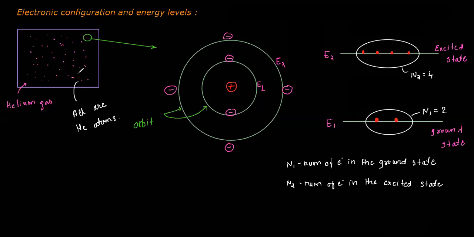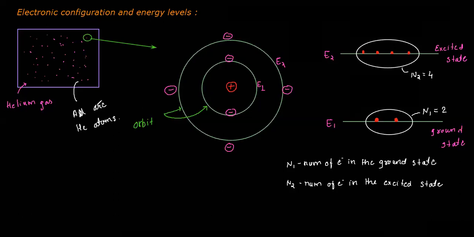As you can see, we haven't done any process, which means all the helium atoms are at the ground state, the steady state. We haven't done anything, like we are not exciting them. This is the key point that you have to remember.